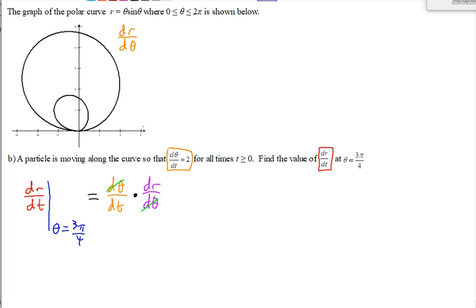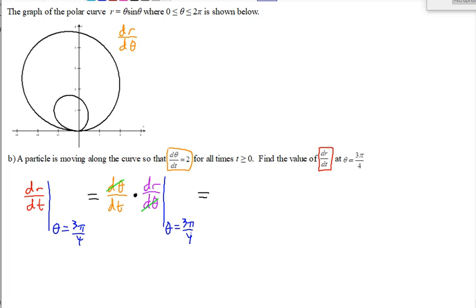And in this case, though, it's dr d theta, specifically at theta equals 3 pi over 4. So you could do this one without a calculator by finding the derivative of this and then plugging in 3 pi over 4. That would work. But since we have our calculator and we just want the derivative at a specific value, remember we can use the numerical derivative. Okay?